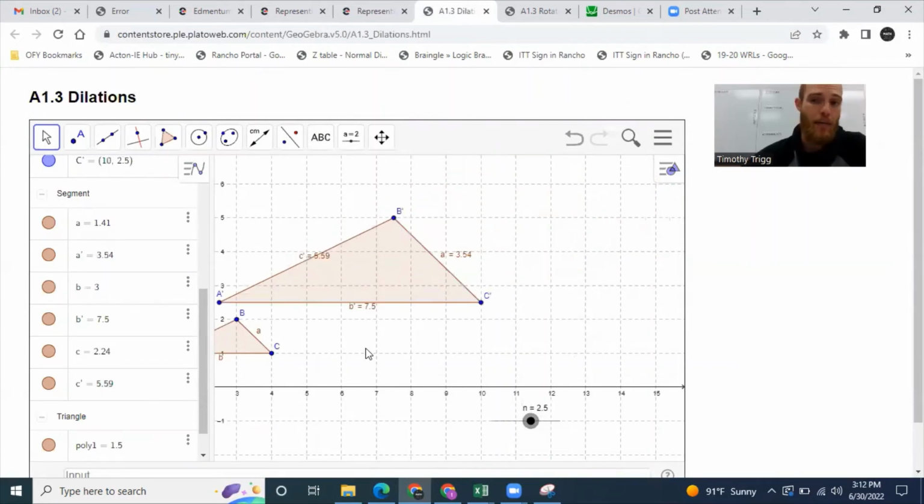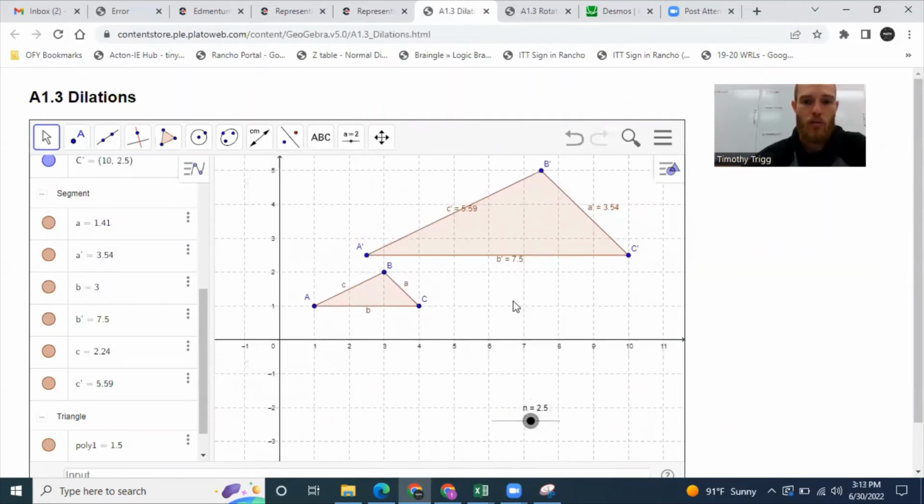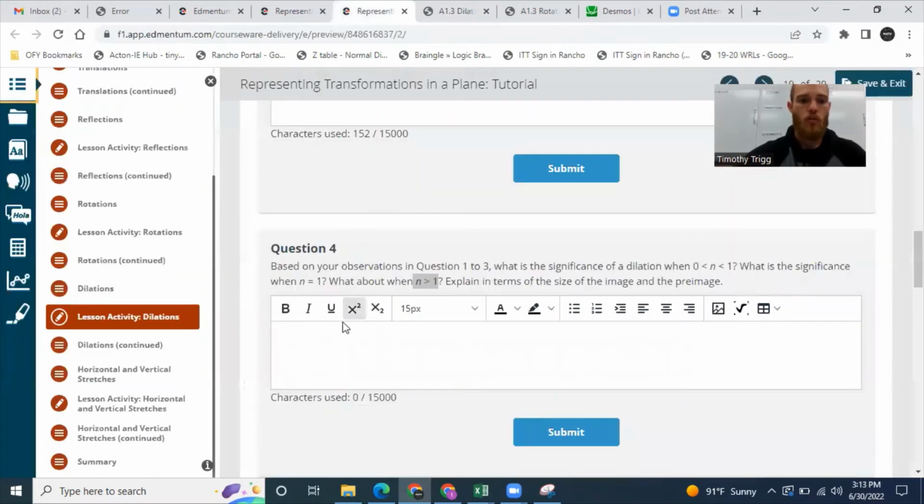Well, it made the image larger than the pre-image. So when n is greater than 1, it creates what we call an enlargement, because it makes the image larger than the pre-image. So we're going to say when n is greater than 1, what happens?